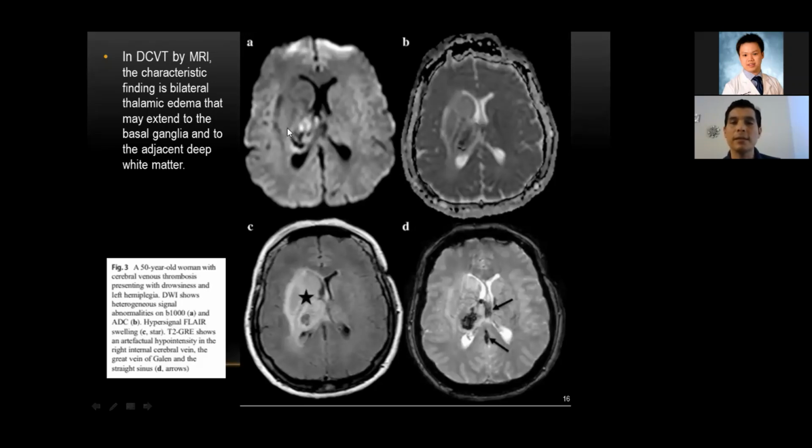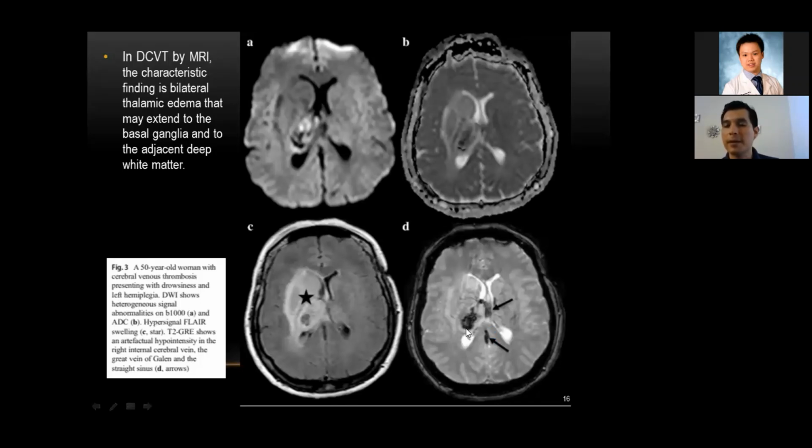The signal in diffusion is heterogeneous. So in gradient, we will see very clearly that this is a hemorrhage. So this is an edema and hemorrhage in the context of a thrombus in the Galen vein, right cerebral internal vein and straight sinus.